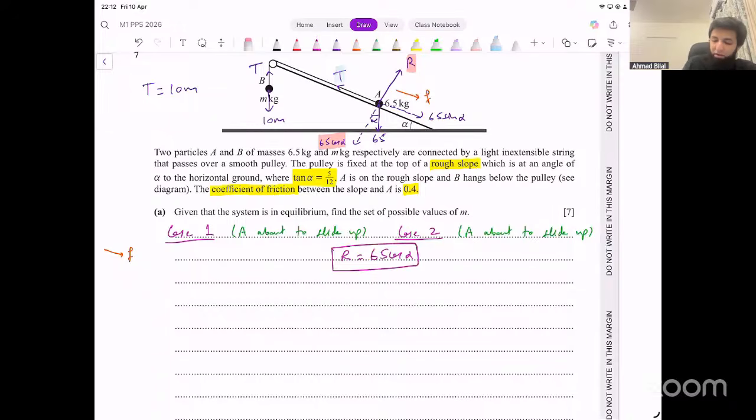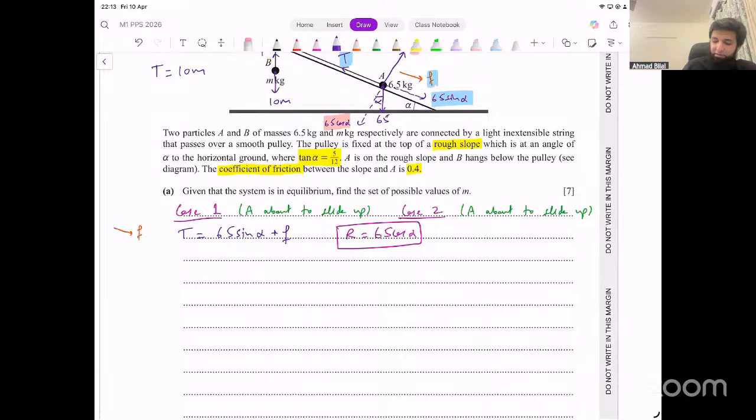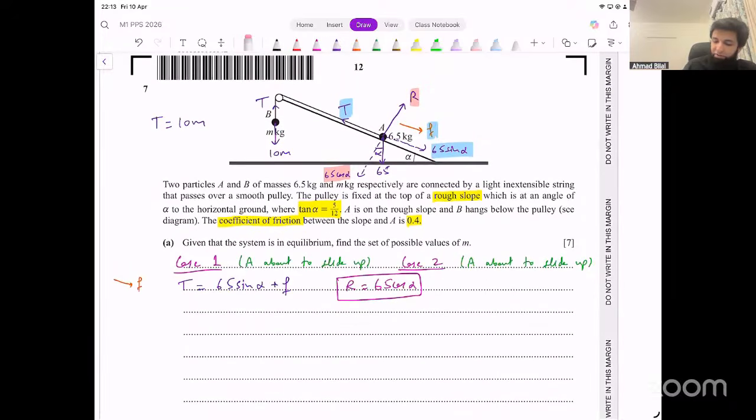Forces along the plane, they are going to change. This is T, this is 65 sine alpha, this is friction. In the first case, friction acts in the downward direction, so the equation would become T equal to 65 sine alpha plus F. In the second case, when it's about to slide down, all that changes is the direction of friction.